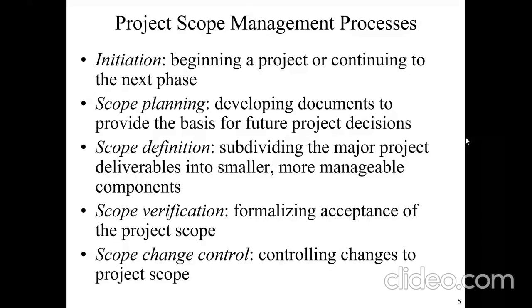So these are the 5 processes that scope management goes through: project initiation, scope planning, scope definition, scope verification, and then scope change control. We will take these processes one after the other and then define them more.